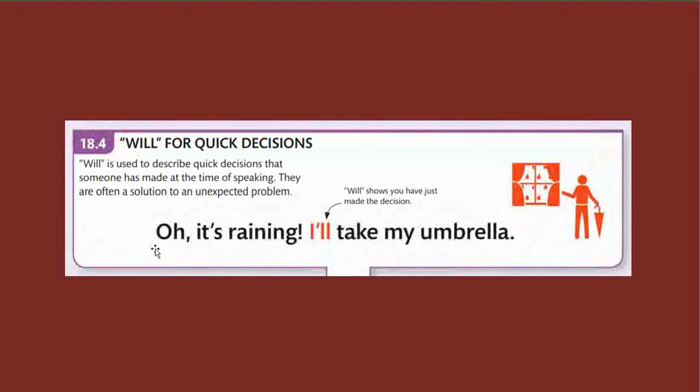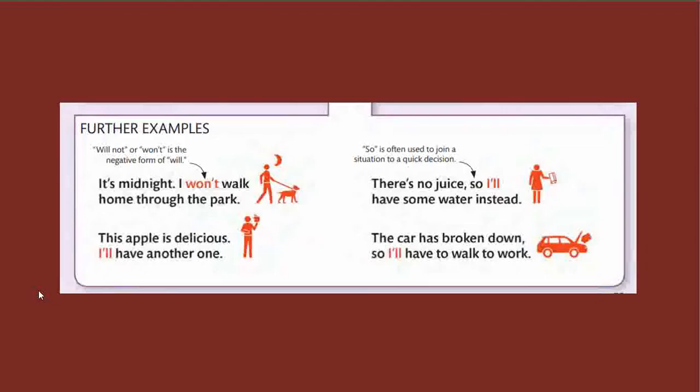For example, oh, it's raining, I'll take my umbrella. Spontaneously you decided that you will take your umbrella. I'll is the contraction of I will, shows you have just made the decision over here. Spontaneous decision.